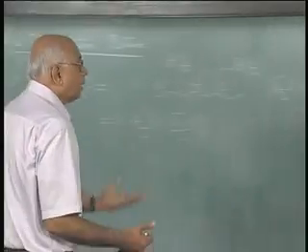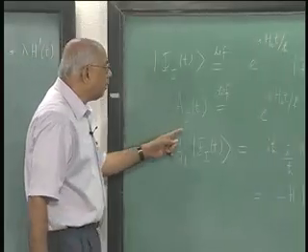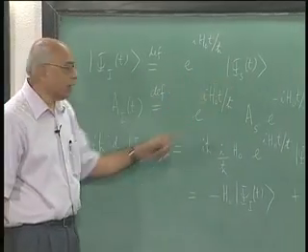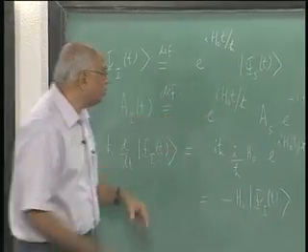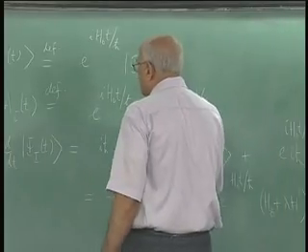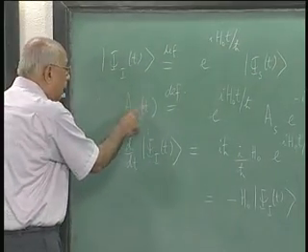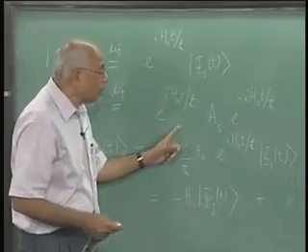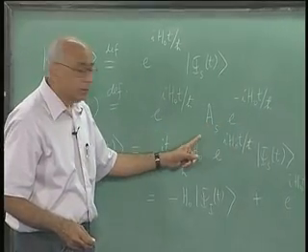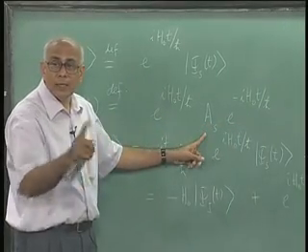What about operators? What would operators do? Well, look at an operator which does not explicitly depend on time, otherwise you include partial derivatives. What does this equation give you? This immediately says if I differentiate, iħ dA_I/dt is the commutator of A_I with the Hamiltonian.